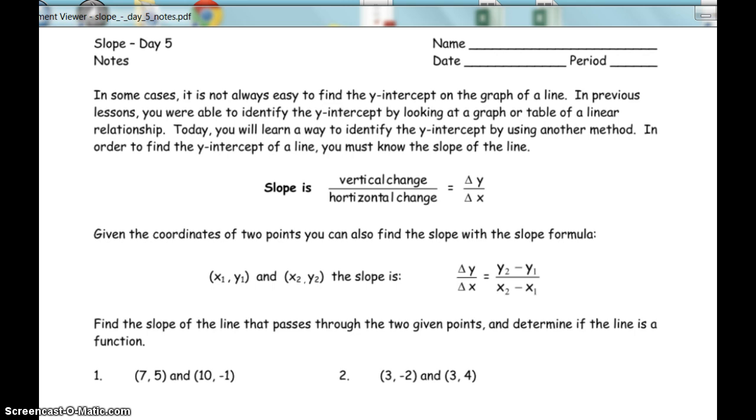We have written down what slope is numerous times, but slope is the vertical change divided by the horizontal change, or the change in y, remember our little triangle delta symbol, over the change in x.